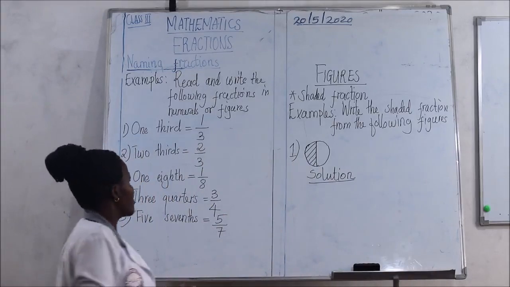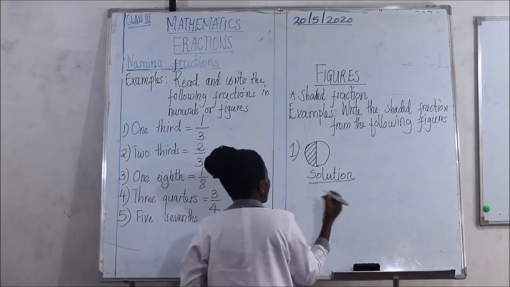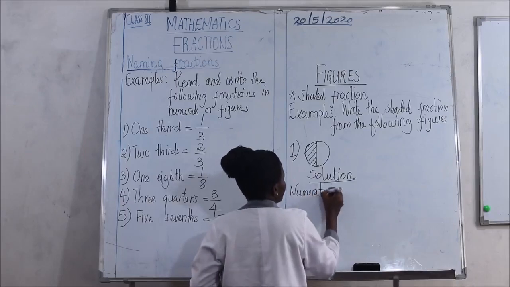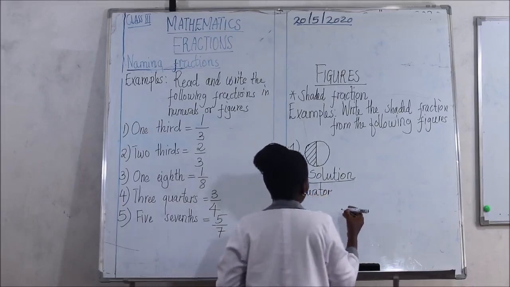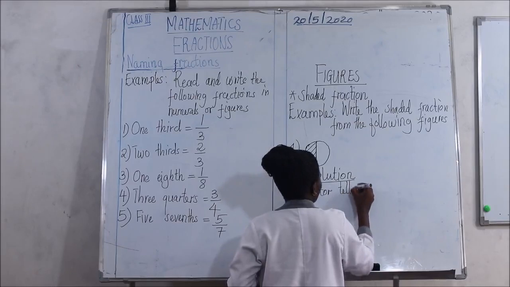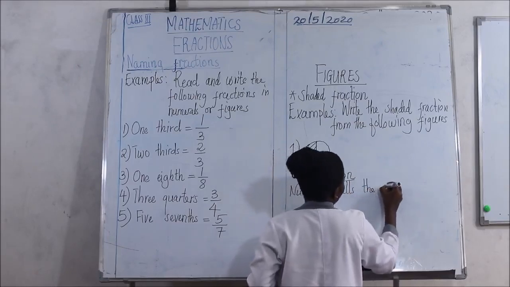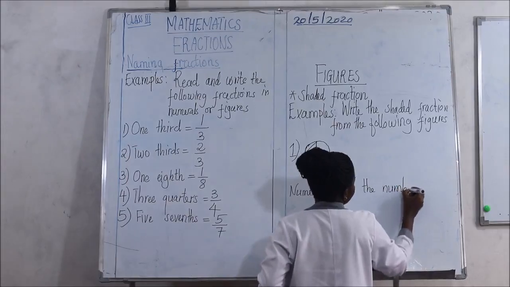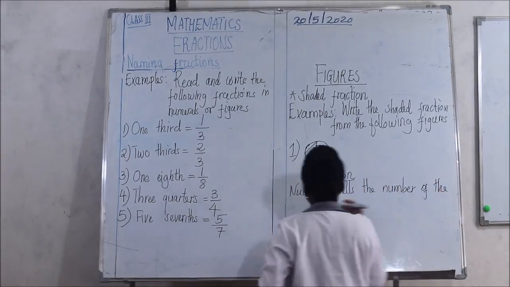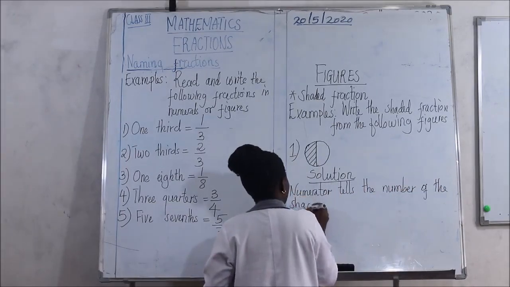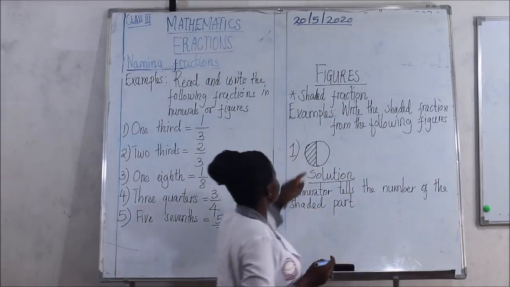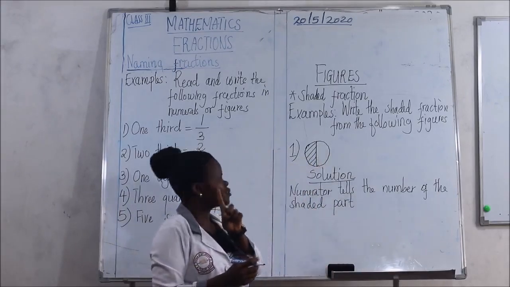As we have said, when you are writing your fraction, the numerator tells the number of the shaded part, where in this diagram we have only one part which is shaded.